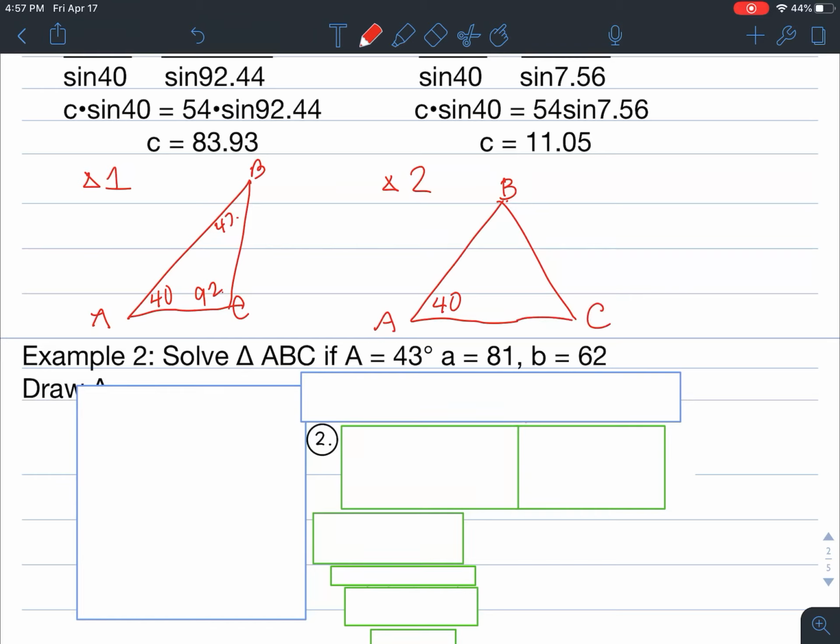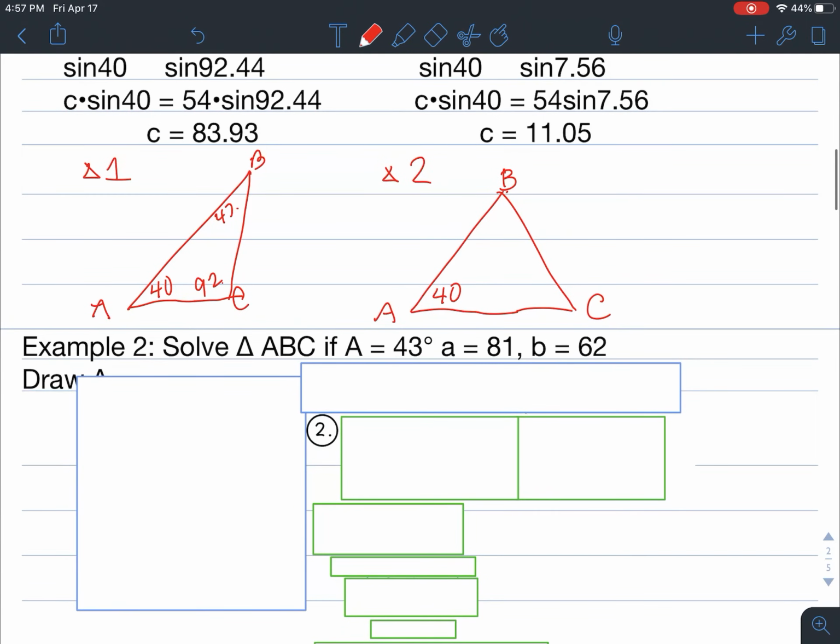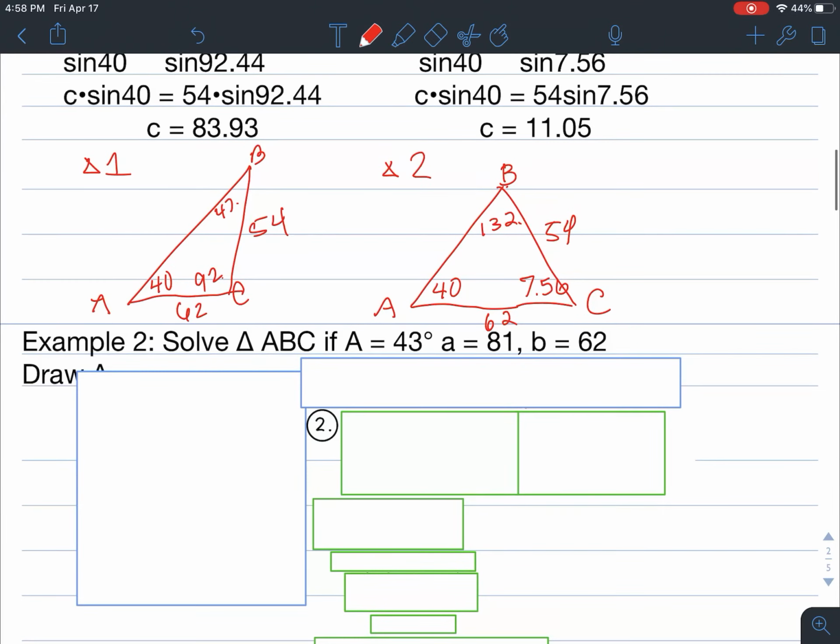Okay, so C. And now angle C is little, right? Angle C is 7.56. And this angle up here is 132. So that's given this side of 54, and 62. It doesn't look quite right, but I hope you get the general idea there. I think I'm going to actually try to look up a video showing you the two triangles, and maybe I'll show you that in class. That might be easier.